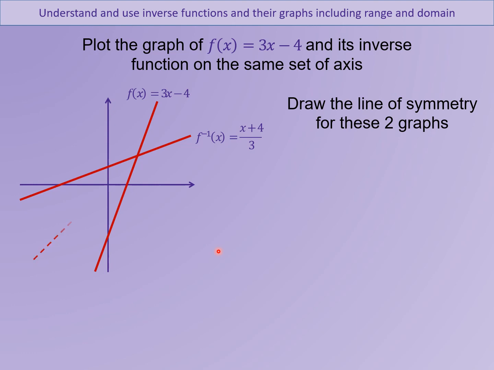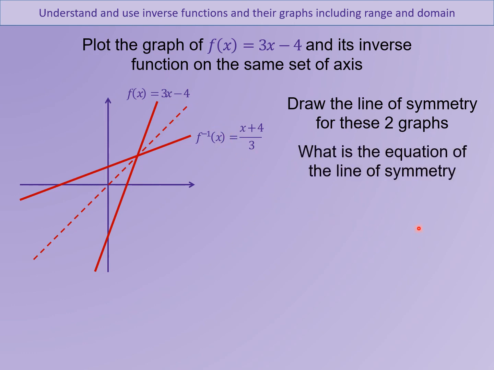Hopefully you'd notice it's the line that cuts straight through the origin and goes up at exactly 45 degrees. The values where it crosses should be exactly the same in both of those. So the line of symmetry is the line y equals x.